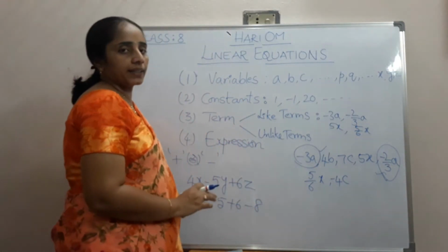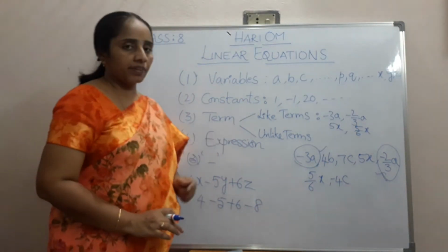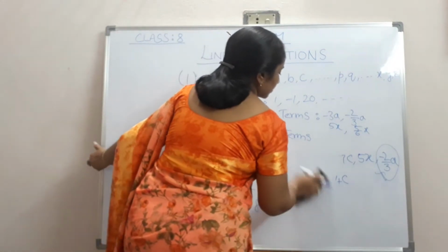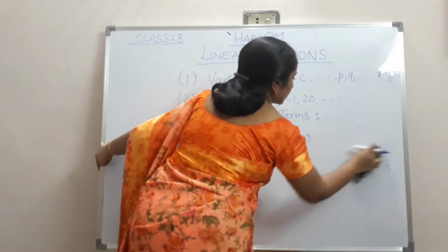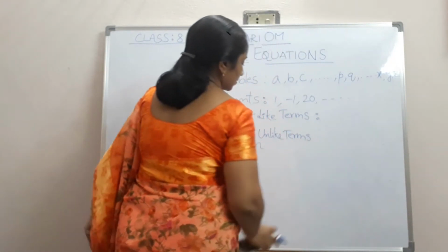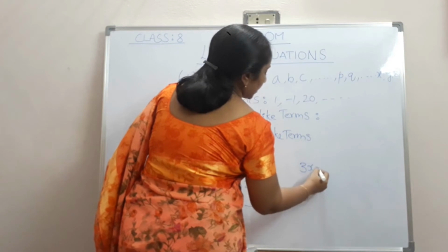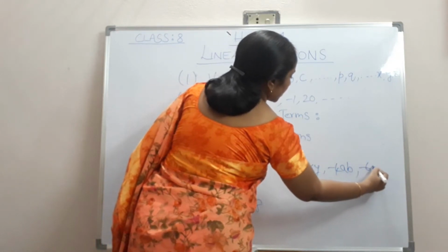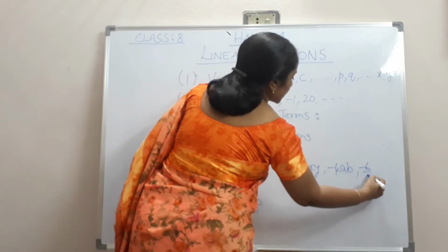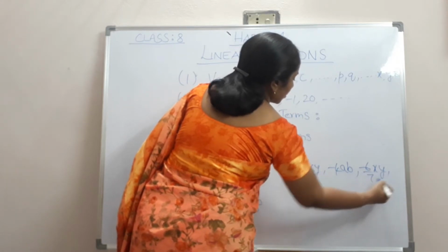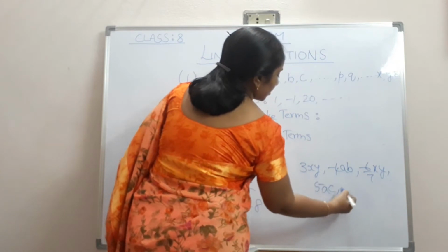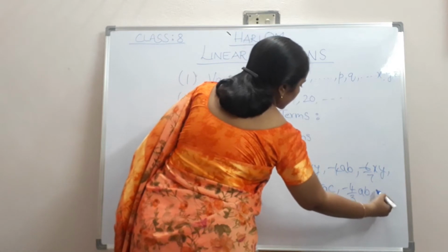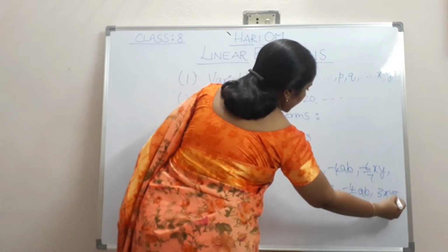Not only with one variable, if we have like this, 3xy, minus 4ab, minus 6 by 7xy, 5ac, minus 4 by 3ab, 3xyz.